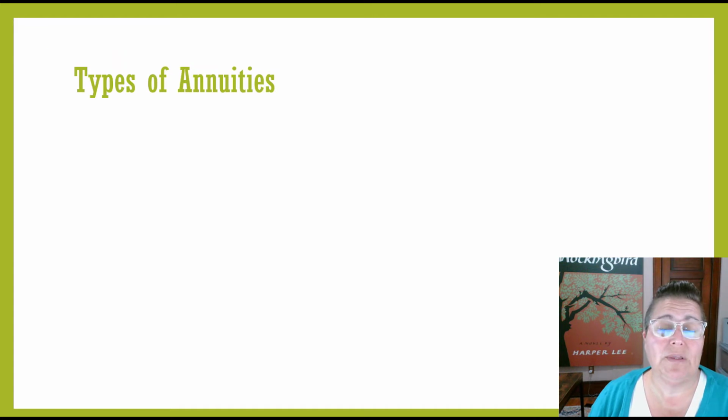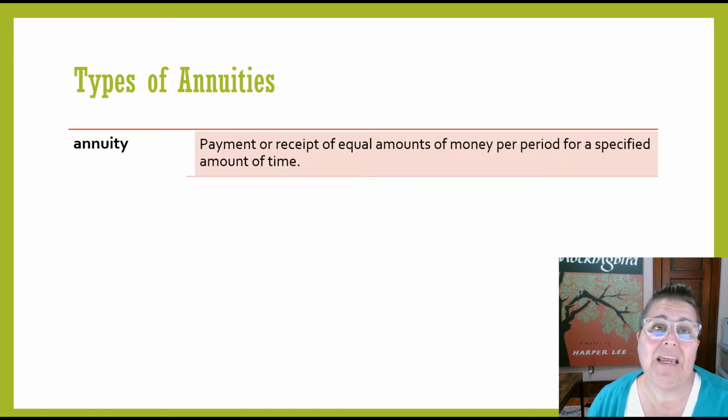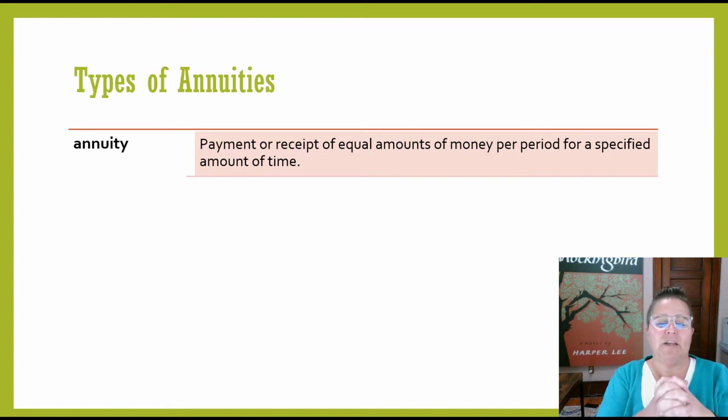So we're going to start with the different types of annuities. An annuity is a payment or receipt of equal amounts of money in equal amounts of time that are specified. So these are regular payments. Annuities are monthly savings accounts or monthly bills that you pay. There's money either put into a savings account or used to pay down a debt.